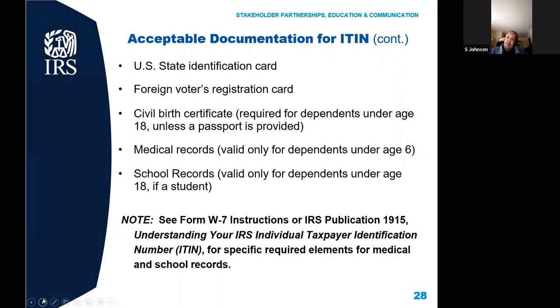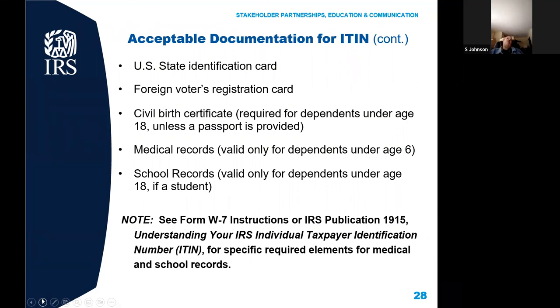As we continue on, a U.S. state ID card, a foreign voter's registration card, a civil birth certificate required for dependents under age 18 unless a passport is provided, medical records valid for dependents under 6, school records valid only for dependents under age 18 if a student.